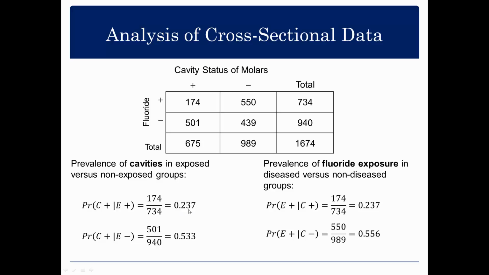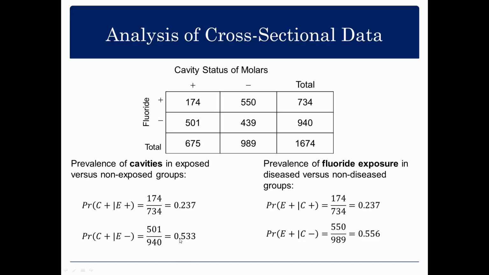We can compute a similar probability for those who were unexposed, and that would be through this row. This is the exposure variable. 940 were unexposed. Of that 940, 501 showed evidence of cavities in their molars on clinical examination. So when we do that division, we end up with 53.3%.